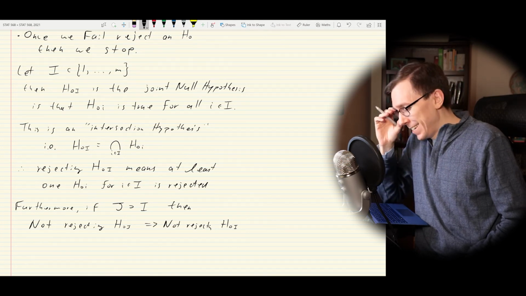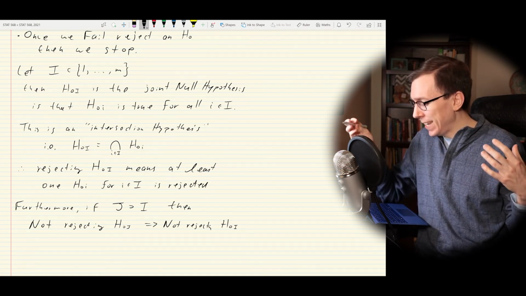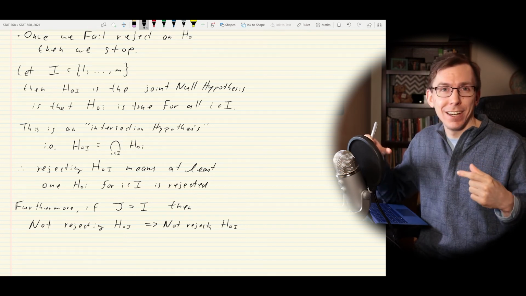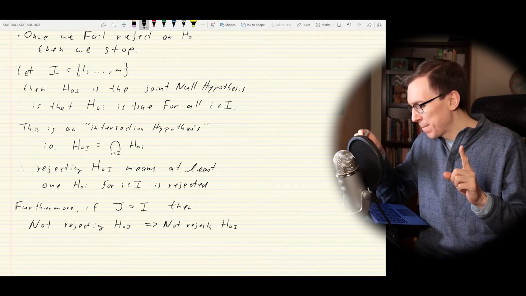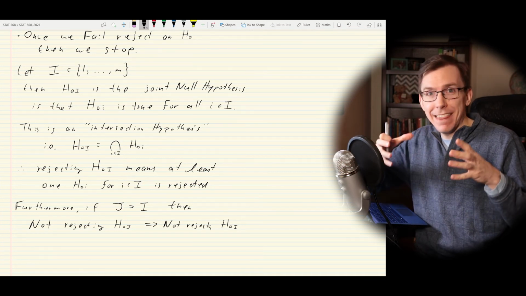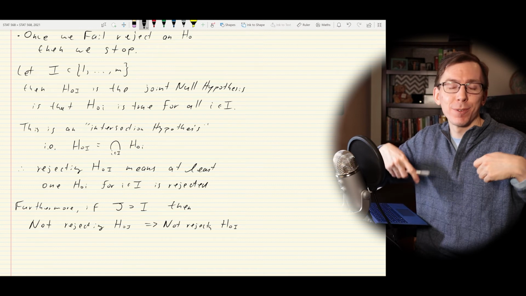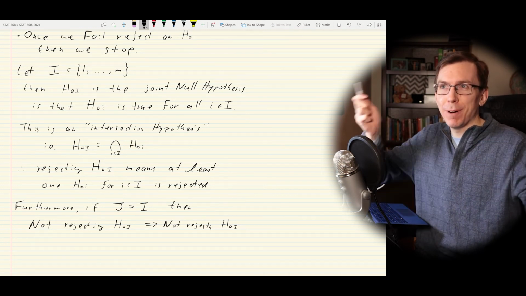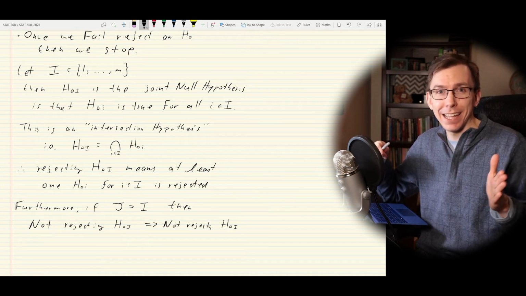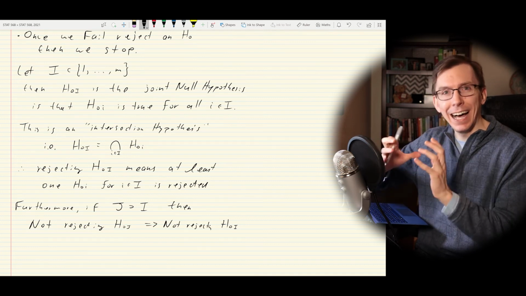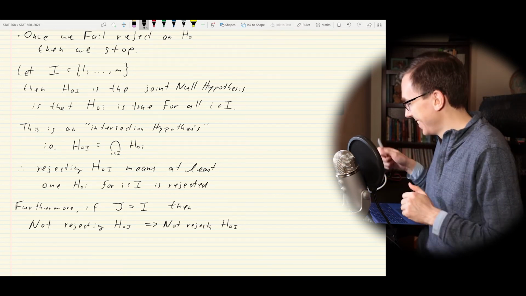It does, because we have to go the other way, right? The contrapositive. If we were to reject H naught capital I, it means we reject at least one of the hypotheses within that set. And since all the hypotheses in that set are also contained in J, which has more hypotheses, we would also reject J. So if we contrapositive it, it says if we don't reject J, that means we can't reject any of the hypotheses inside J, and all of the I hypotheses lie within J. Good? All right.